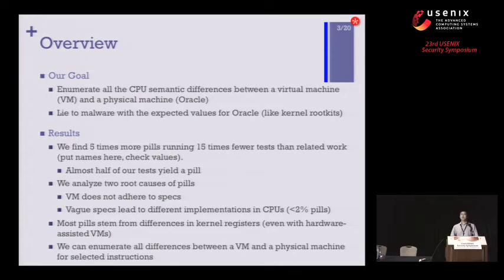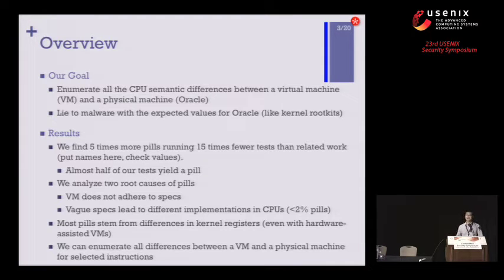Our goal is to enumerate all the CPU semantic differences between a virtual and a physical machine. Here, we also call a physical machine an oracle. And then, after we have all the cardinal pills, we can lie to the malware with the expected values for the oracle.